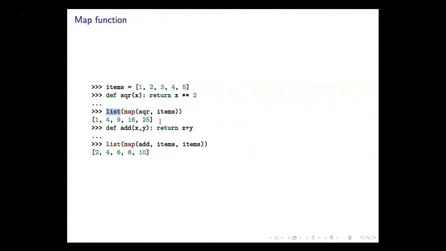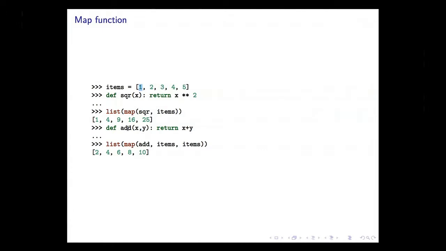As you can see, I have a function which I'm applying to each element of this list, and I get a new list. Because the function squares the elements of the original list, I get 1, 4, 9, 16, 25. I could also have a function of two variables, which will just add two lists.